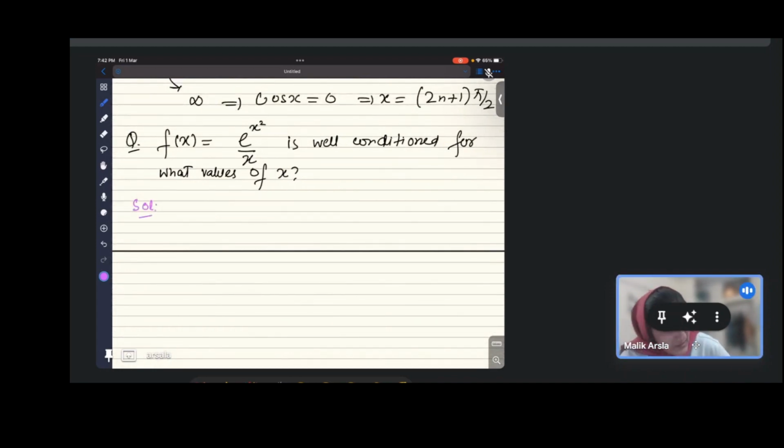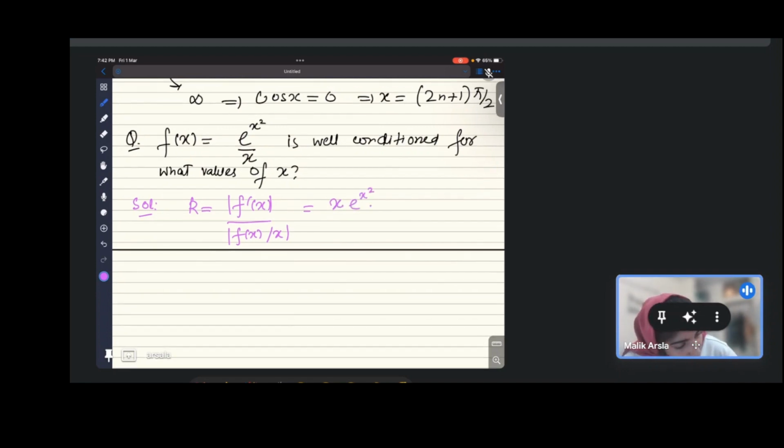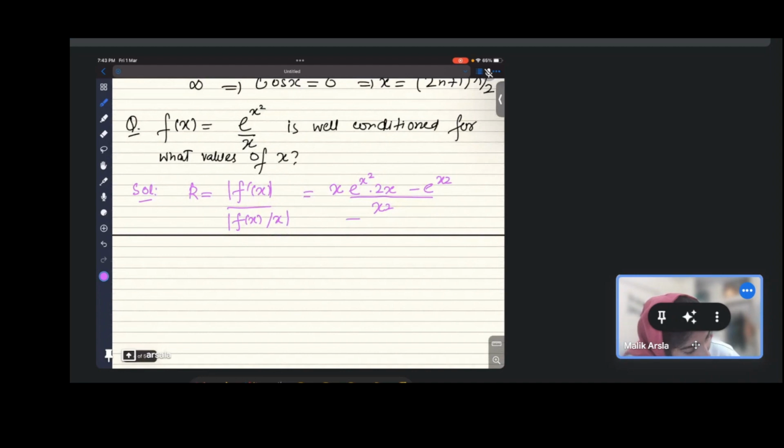The solution is simple. Again, k is what? f dash x upon f of x divided by x, right? Now, what is f dash x? It is coming out to be x into e to the power x square into 2x minus e to the power x square upon x square, whole divided by e to the power x square, and this divided by x.